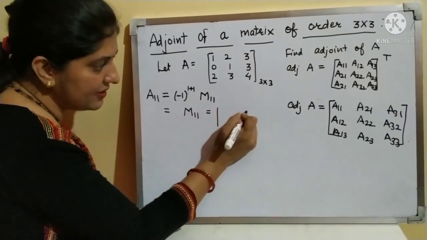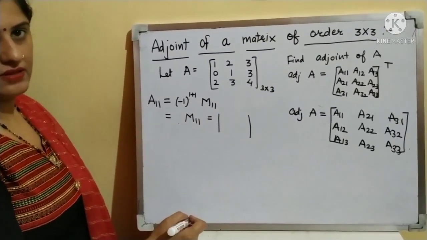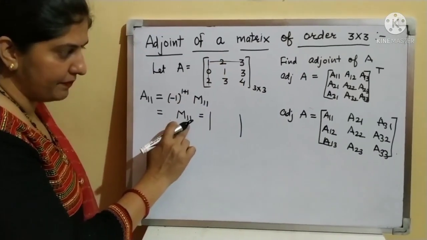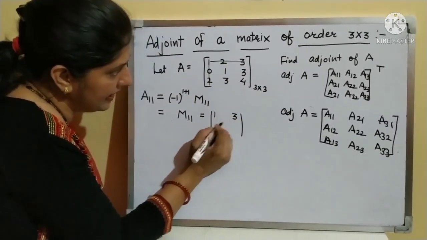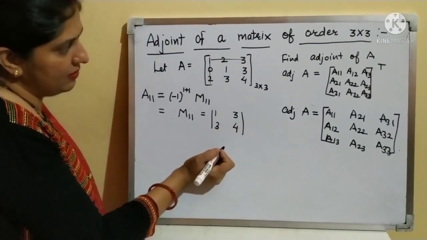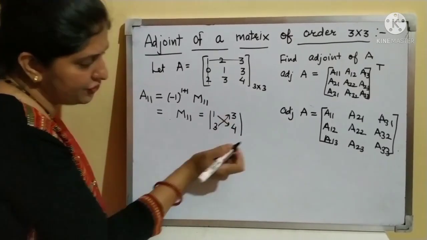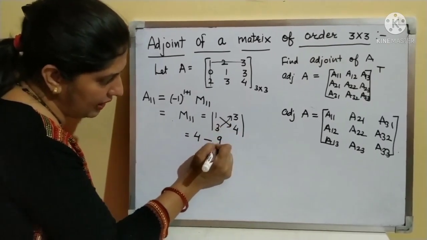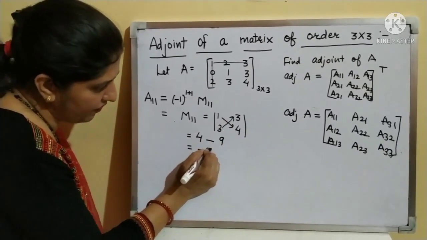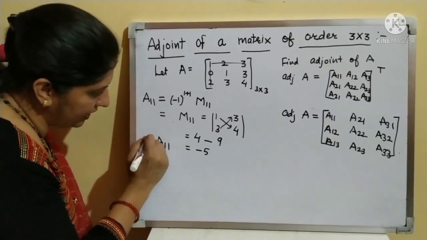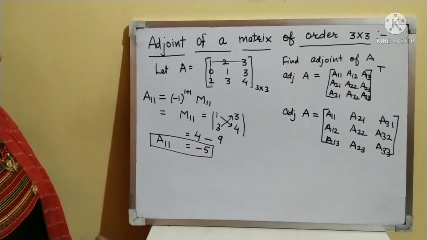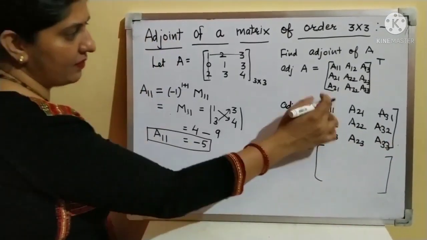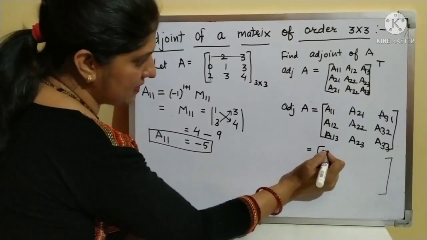And we know that the minor is the determinant of the matrix formed by deleting the first row and first column. Write all other entries as they are and just find the determinant. We get 1 into 4, 4, minus 3 into 3, 9. We get minus 5 here. So A11 is minus 5. We get our first entry: the value of capital A11 is minus 5.